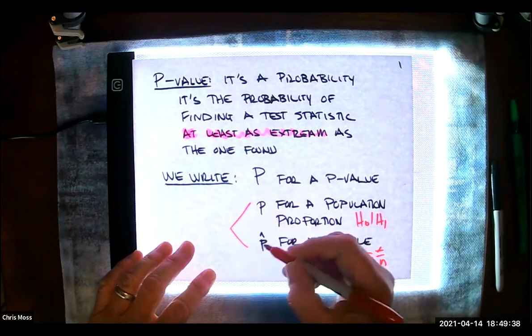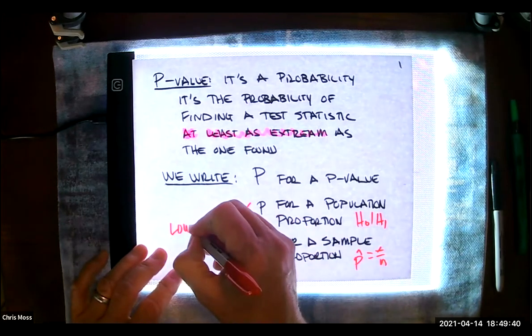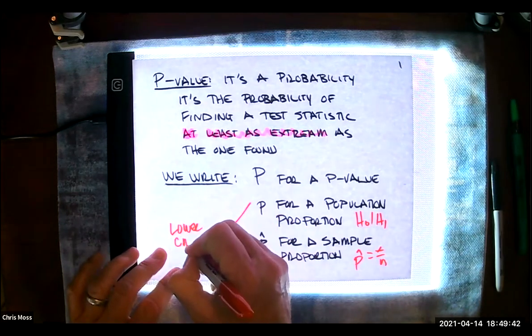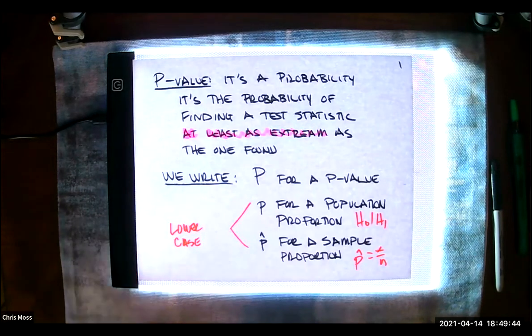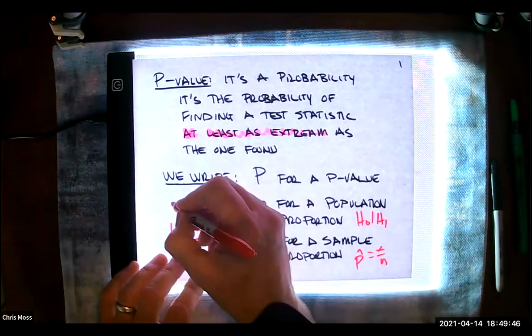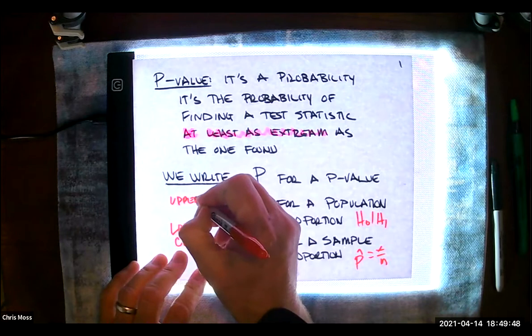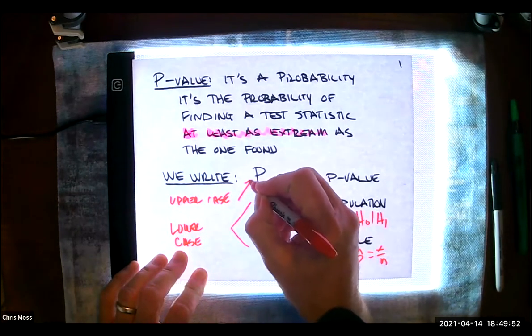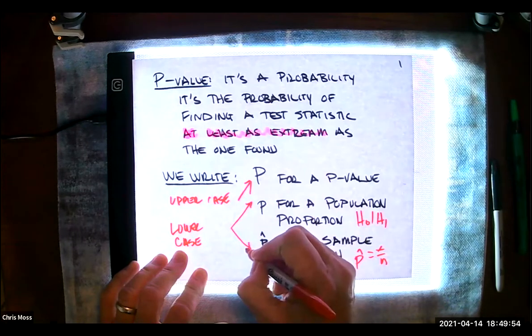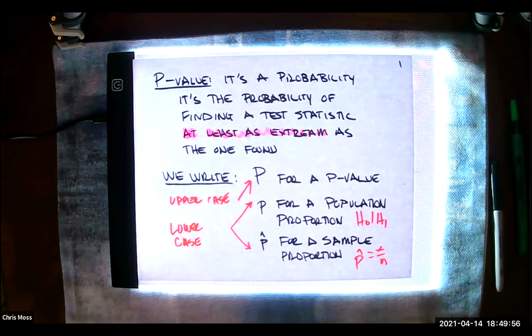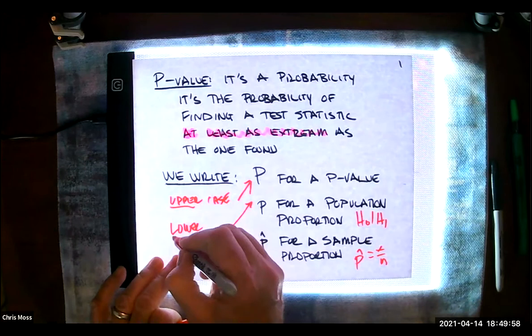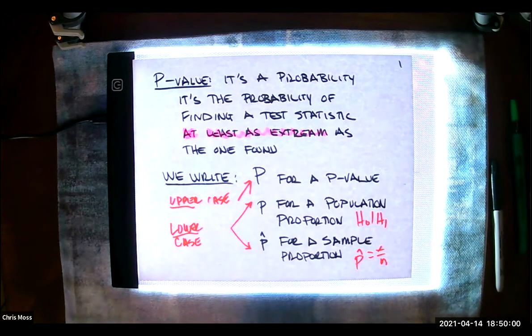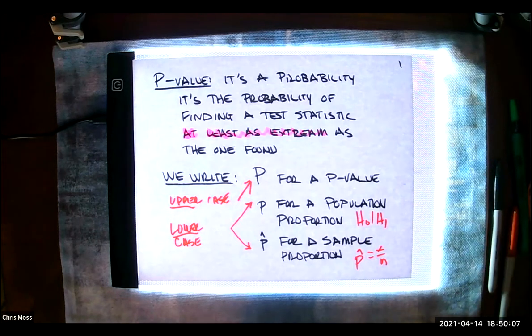But these two are lowercase p's, while the p-value is an uppercase. So if you see them in writing, you don't want to confuse them. There's a lot of P's in this notation. It's unfortunate, but that's just the way it is.